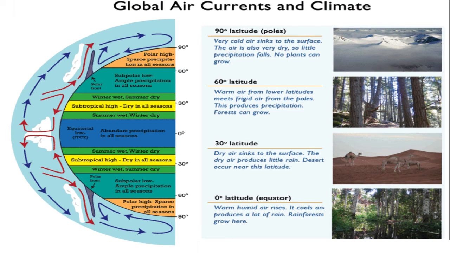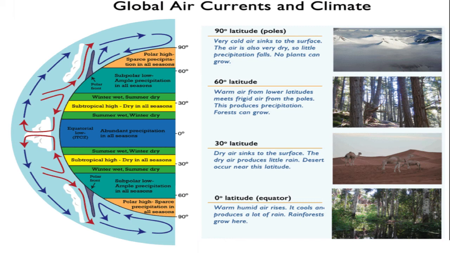We go down to 30 degrees latitude, and this gives us wet winters and dry summers at the top. Then the subtropical high, which is dry in all seasons. And then below that, we have the summer that is wet and winter is dry. So it flip-flops again.